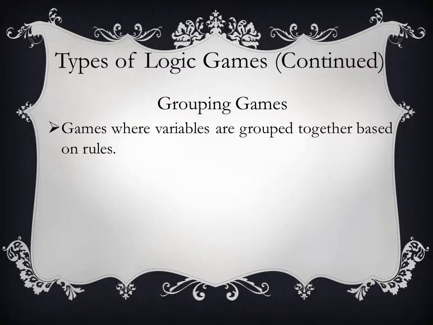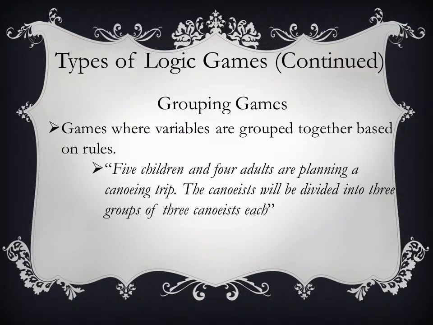You have the wedding party that all has to sit at one table. That's basically what grouping games are at their basic. These tend to be the hardest games I find because there are various different types of grouping games, and we'll go into that. But here's an example of one of the easiest grouping games.